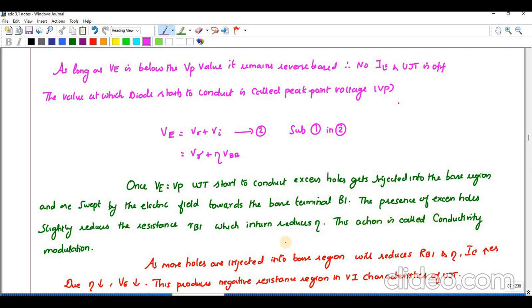Since more holes are injected into this base region, RB1 and the intrinsic standoff ratio reduce. Therefore VA is also reducing, so IE starts increasing and VE starts reducing. This produces a negative resistance region in the VI characteristics of the UJT.